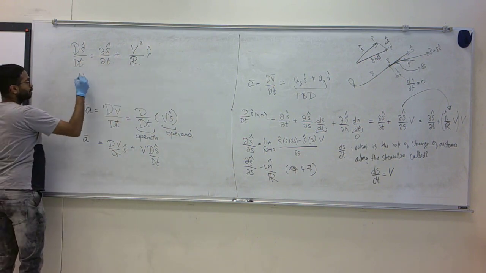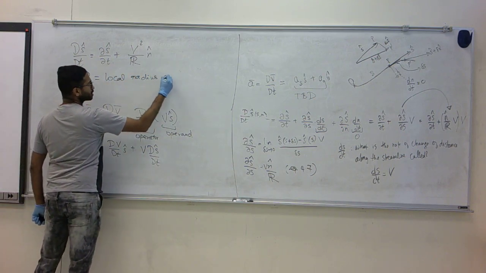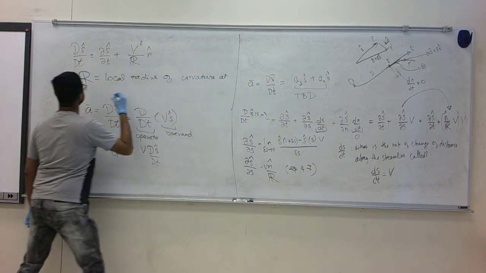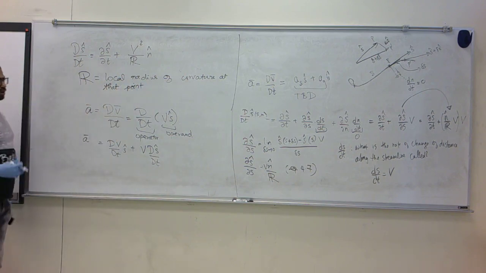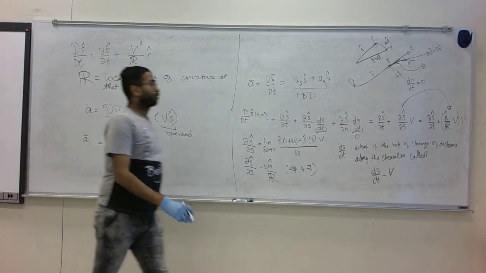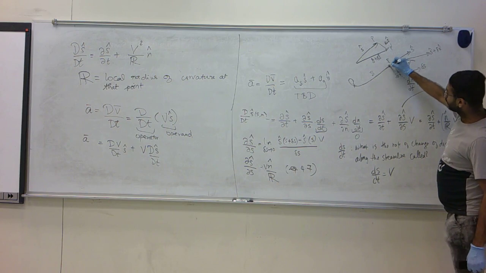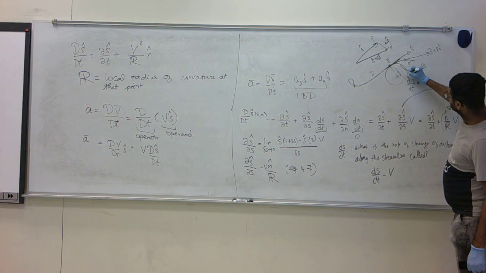Now what is this r? R is the local radius of curvature at that point. Like for example, if we are considering point P here, you determine the radius of curvature by taking this tangent and then trying to draw a circle that is tangential to this streamwise direction.